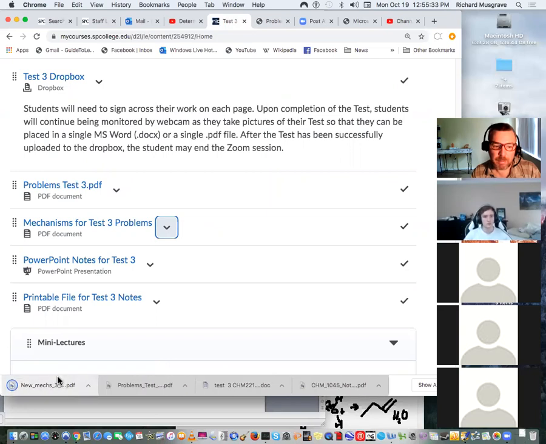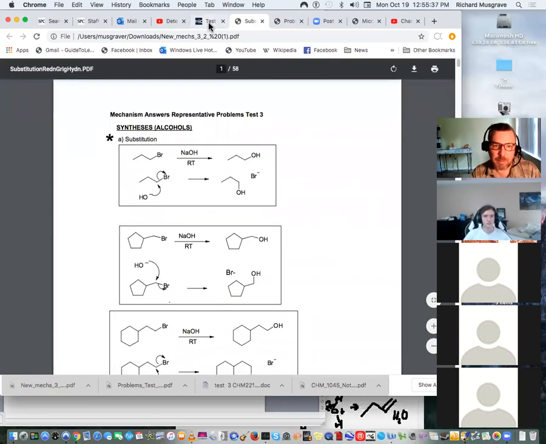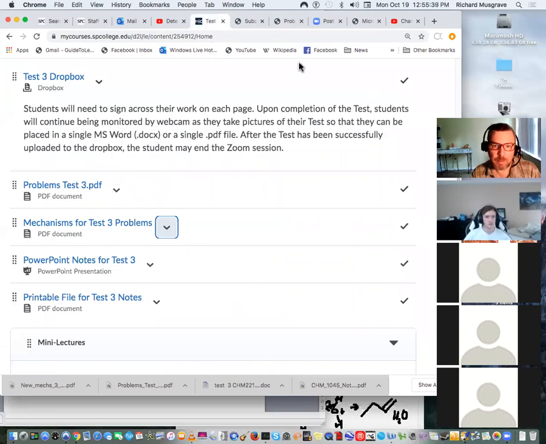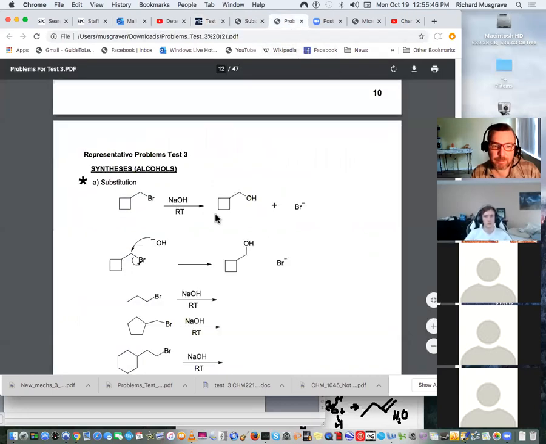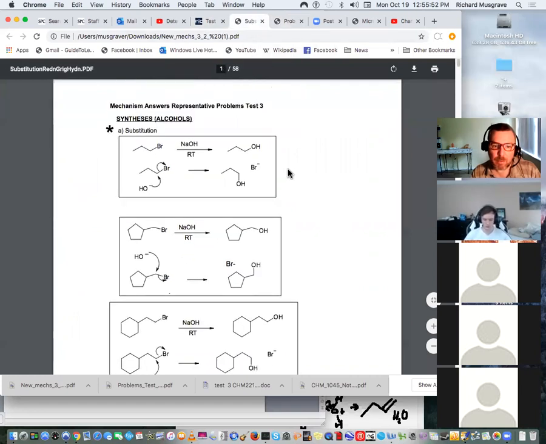You don't have to print it out. Some people do, but there they are. Those are the mechanisms, for example, for, whoops. Gosh, I hate this Zoom sometimes. Thinks it's smarter than I am. There we go. So those are the problems, and these are the mechanisms for those problems.